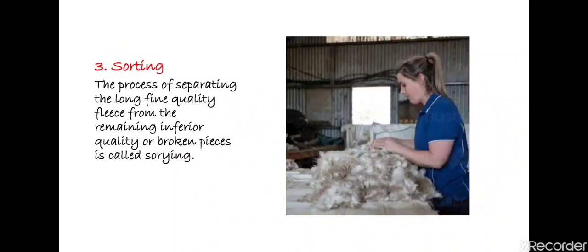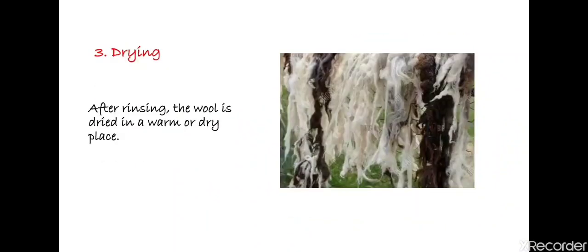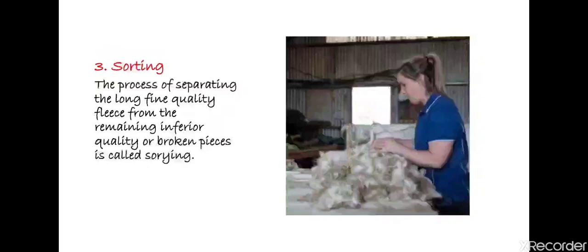Sorry, this is the third point, and sorting is your fourth point. So what is sorting now? As you know, the wool which we have dried in the sunlight or in dry places, the dried raw wool is graded according to the quality of the fibers based on the fineness, strength, length, and diameter of the fibers. So they need to be separated now.